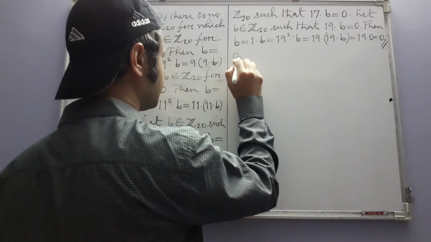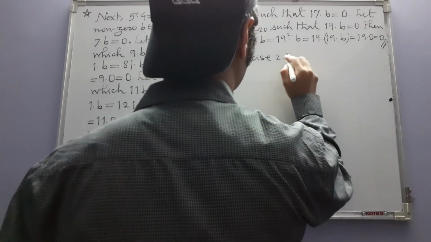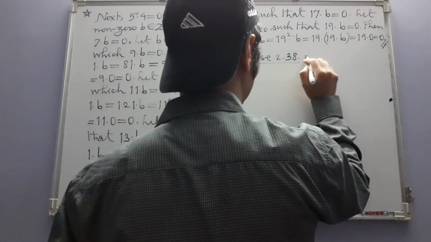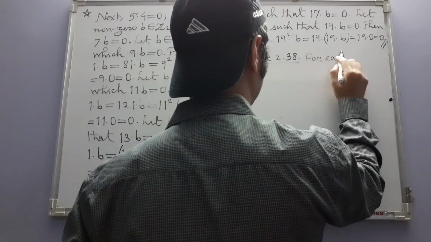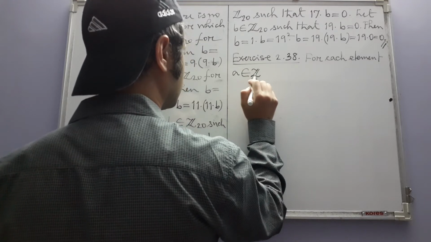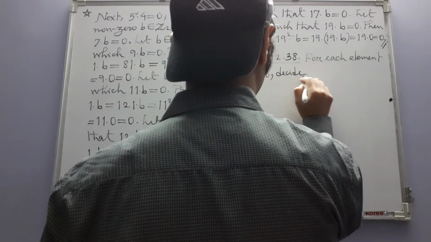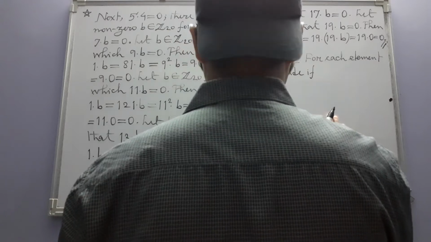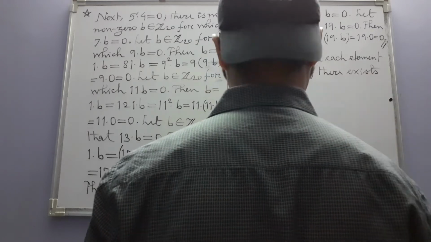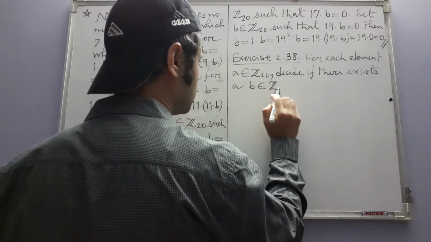And related to this, we have the next exercise. For each element A in C20, decide if there exists a B in C20.